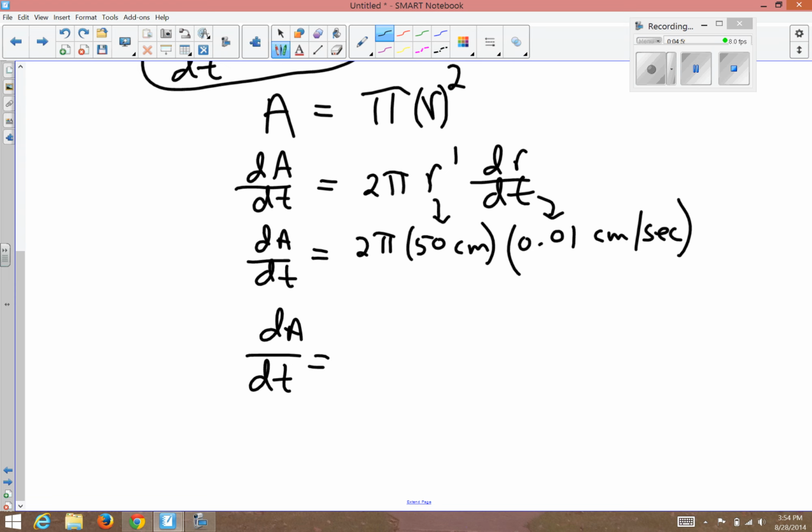So 2 times 50 times 0.01 is 1 times pi is pi. There's centimeters here and there's centimeters here, so we would put centimeters squared, or square centimeters, per second. It's brought down from above, and we're done.